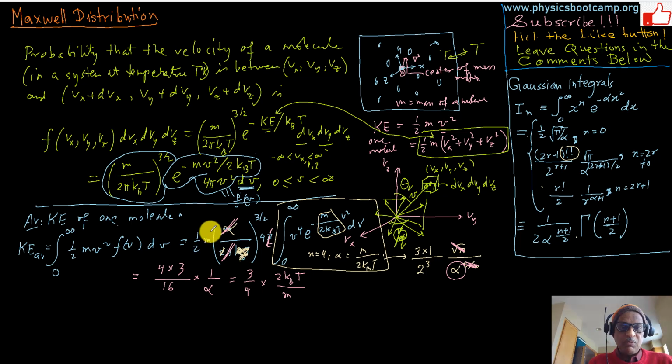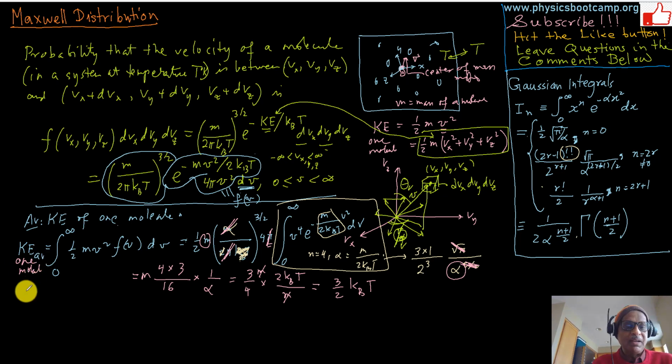And there was this m over here which should have carried over, and this m got cancelled out. So this is equal to 3 over 2 kBT, the kinetic energy of one molecule.